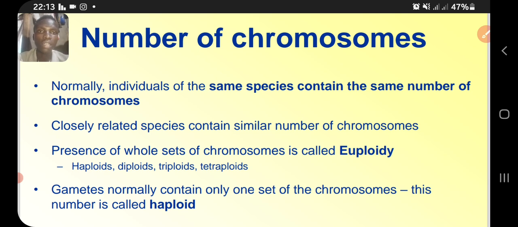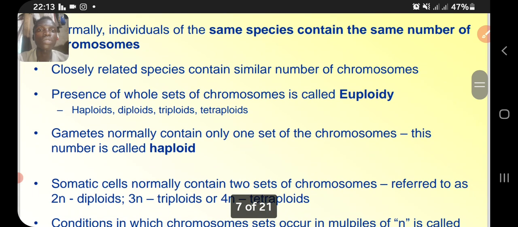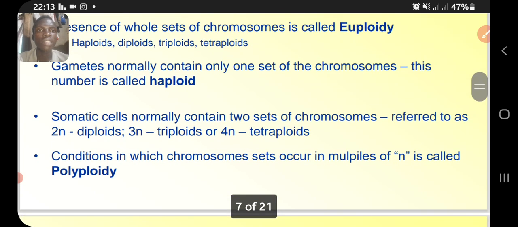The gametes normally contain only one set of chromosomes, and this number is called haploid. Somatic cells normally contain two sets of chromosomes, referred to as 2N diploids, or 3N triploids, or 4N tetraploids. The condition in which chromosome sets occur in multiples of N is called polyploidy.